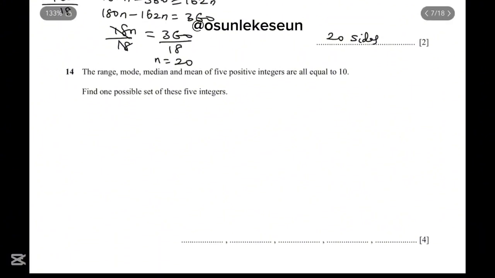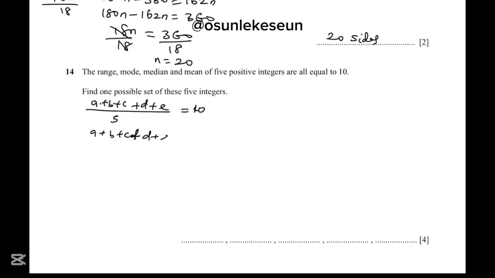Let's find out. Let's say the numbers are a, b, c, d, e, so a plus b plus c plus d plus e all over 5 equals 10. So that means the sum of these numbers a plus b plus c plus d plus e equals 50. If you cross multiply, that's what we're going to get. The next thing is, the sum of the numbers is 50, and the mode is 10.